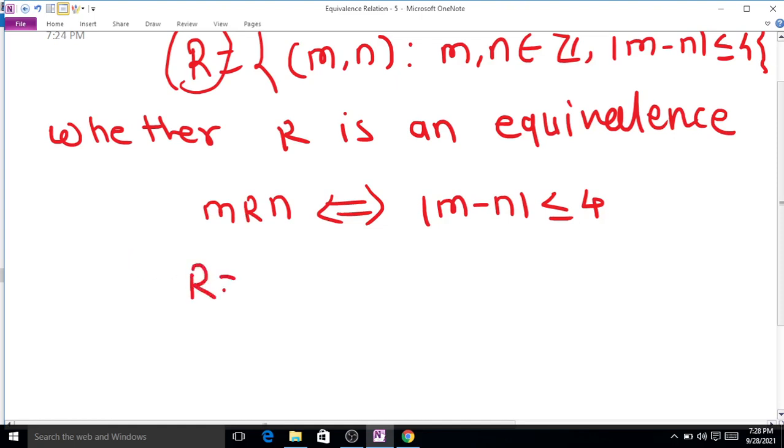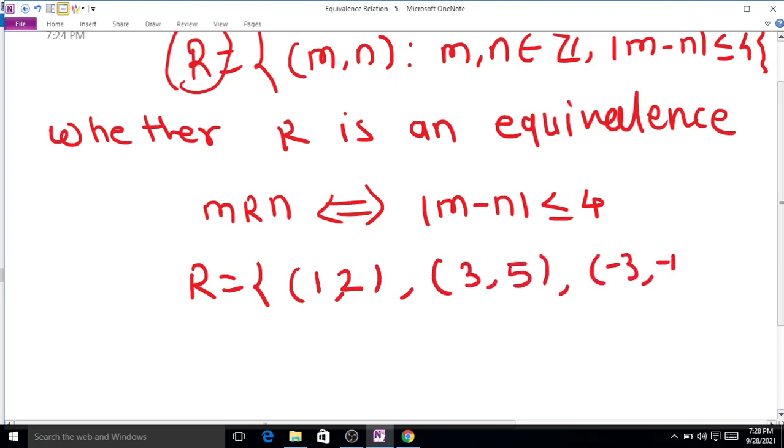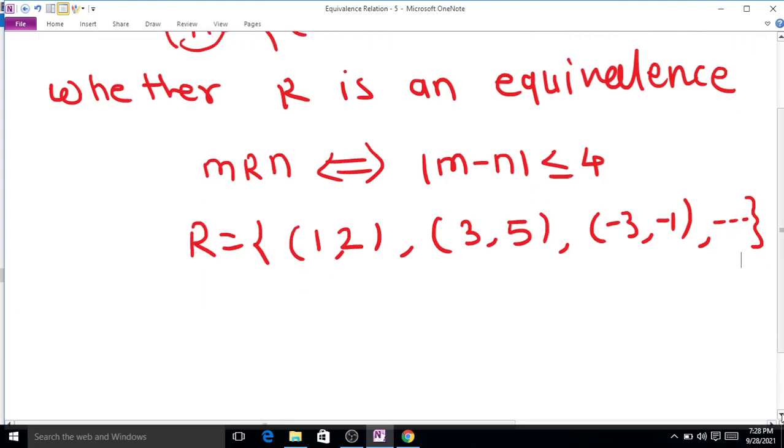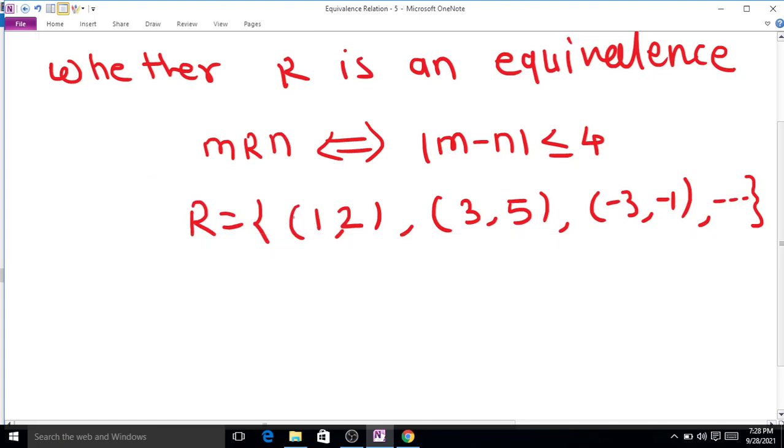If we write some elements of relation R, for example (1, 2), (3, 5), (-3, -1), these ordered pairs all belong to the relation set R, because their distance, the absolute value of m minus n, is less than or equal to 4. So, first we want to check whether it is a reflexive relation.